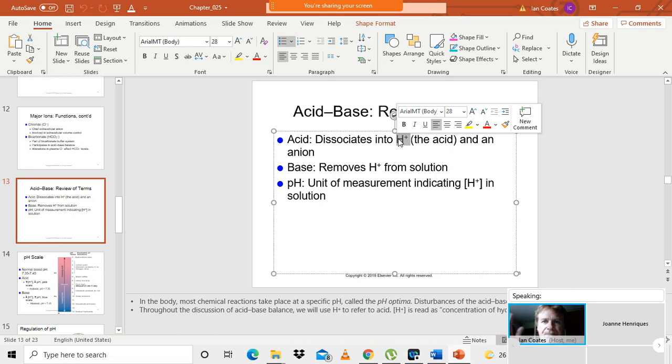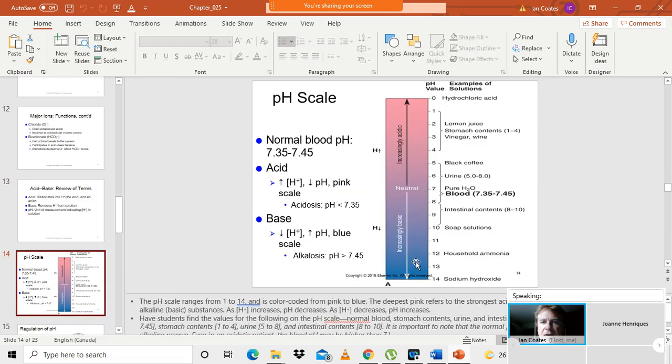broken down, right? You'll remember your pH scale goes from 0 to 14. 0 to 7 is an acid. 7 to 14 is a base. 7 is neutral. And look at where your blood is. 7.35 to 7.45. That's your blood pH, and it doesn't vary outside of that, because if it does, then you're in big trouble.